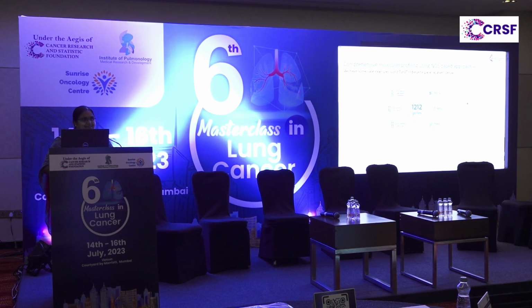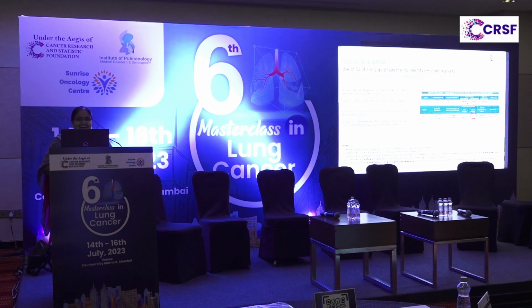So what we did, I'm just giving you 2 case examples using a gene panel, Indigene. Sorry. So this is a classical case of ROS1 fusion. The fusion was identified in tissue, but the mechanism of resistance could be picked up only in liquid.